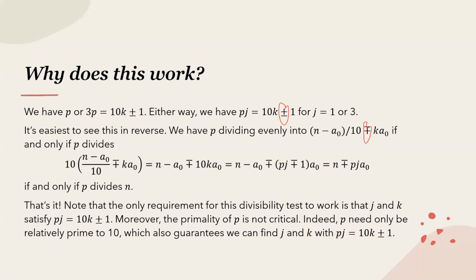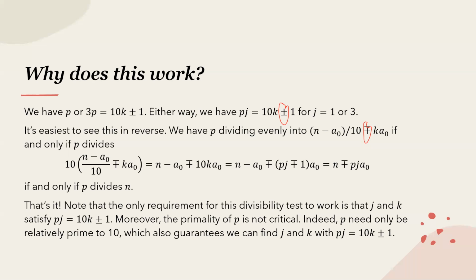Now, I claim that P divides evenly into that thing if and only if P divides 10 times it. How can I make such an audacious claim? How can I claim that P will divide that thing if and only if P will divide 10 times it? Right, P doesn't have anything in common with 10.